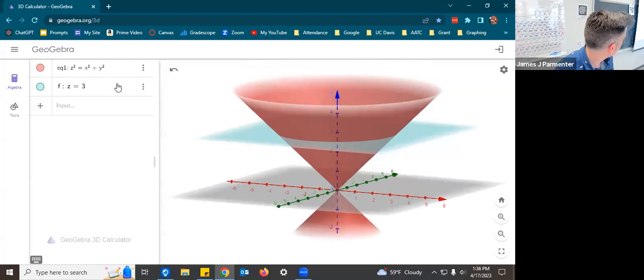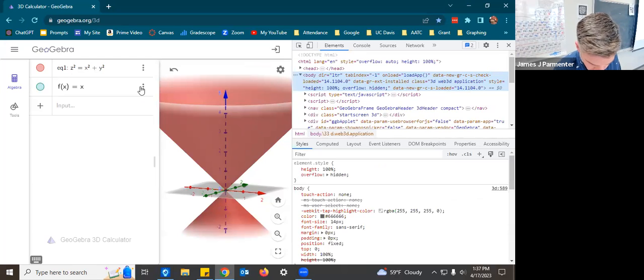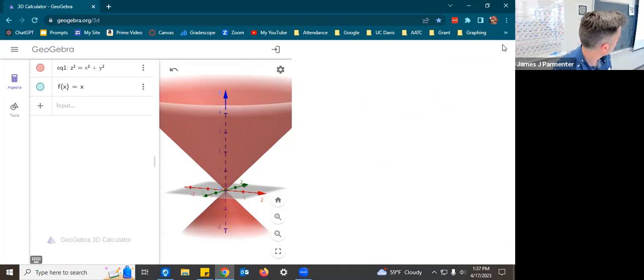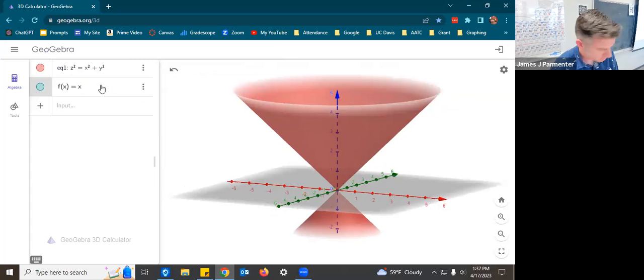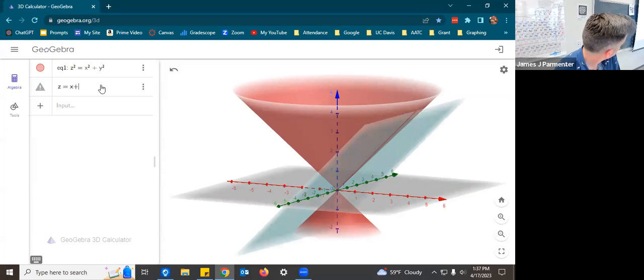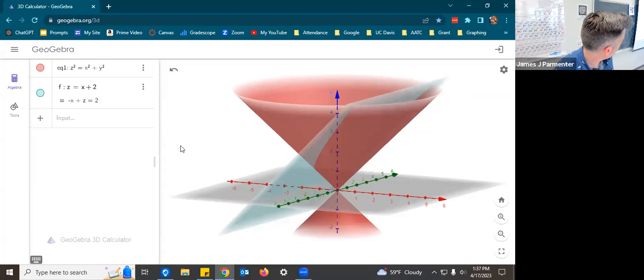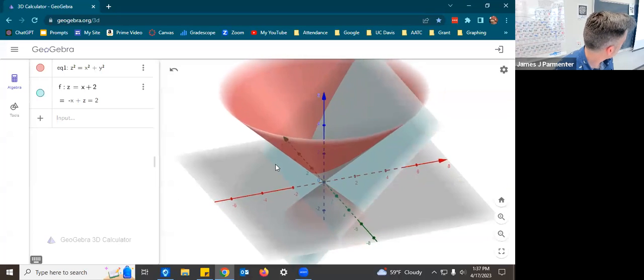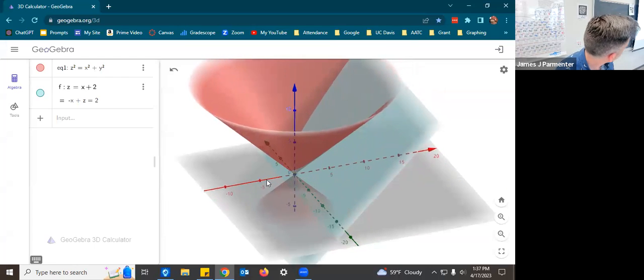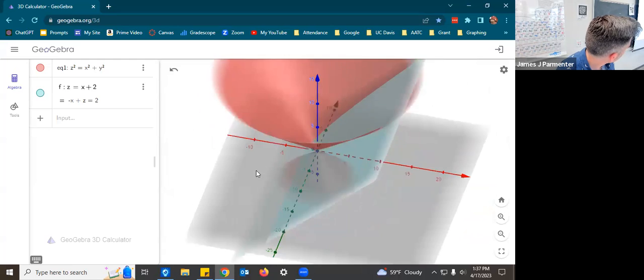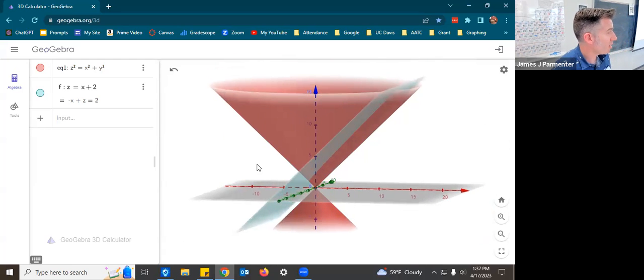And if you cut it with a slanty plane, like z equal to x, or z equal to x plus 2, and come up far enough, you get a parabola.